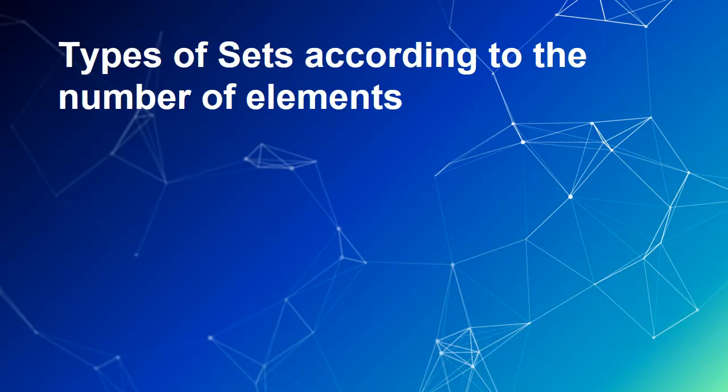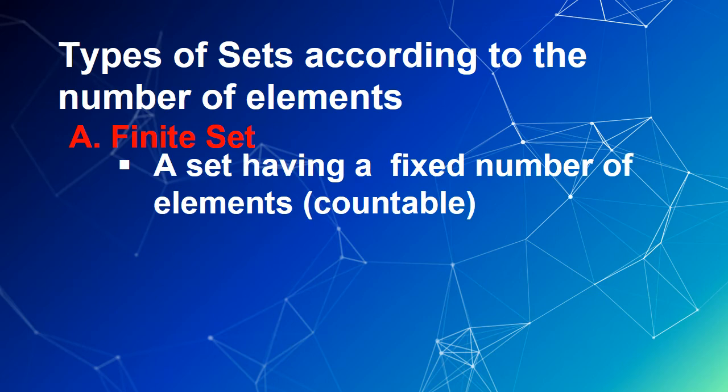We also have what we call types of sets according to the number of elements. So we can identify what type of set it is depending on the number of elements. Let's say for instance, we have a finite set. When we say finite set, this is a set having a fixed number of elements, or this is countable.